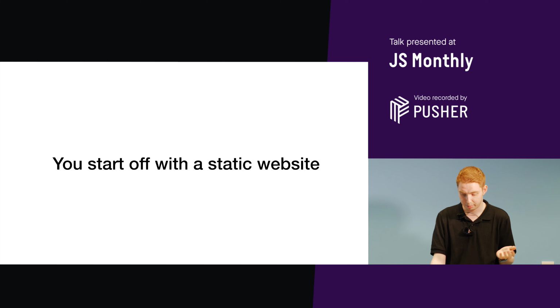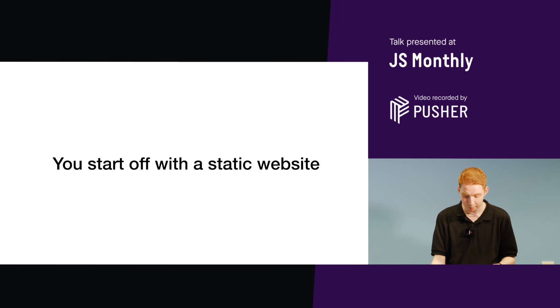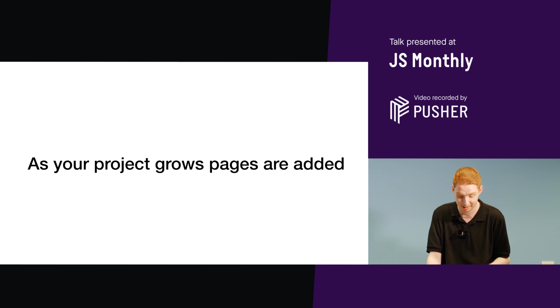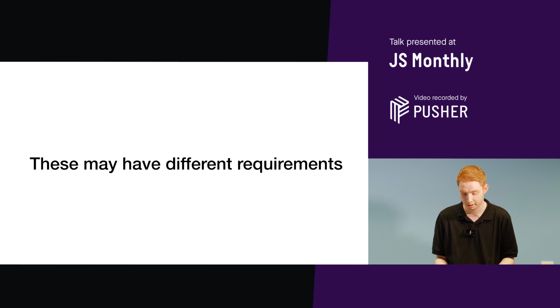So generally, when you start building a website, you start off with some static pages, maybe a prototype or something like that. Say you're building a marketing page, and it has to be fast and reliable because it's static. And content changes require some kind of rebuild because it's all static pages, right? And as your project grows, pages get added to that solution.